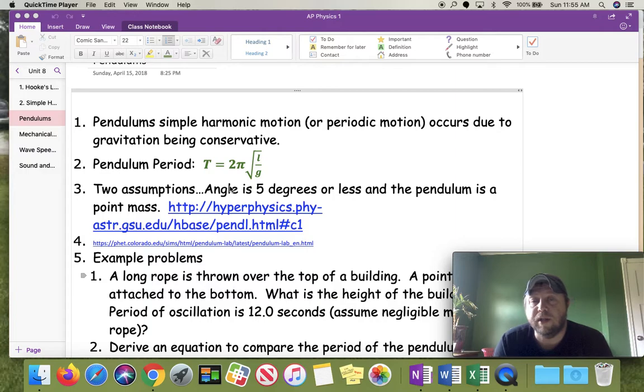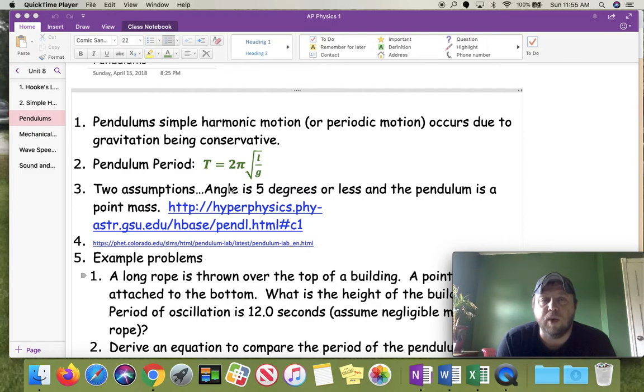So we're dealing with a single point mass for a pendulum. If we had what's called a physical pendulum, where it's just a rod that's rotating about the axis, swinging back and forth, the period equation is going to look a little bit different for that. So once again, all the mass is located at the point. The string is negligible mass.